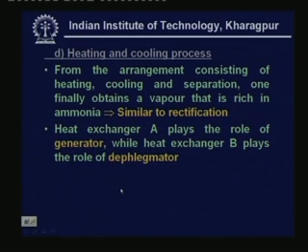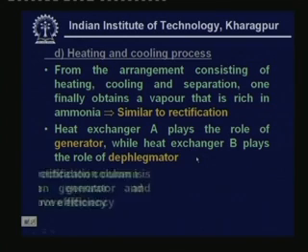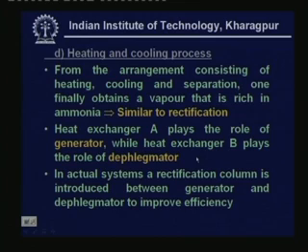So, as I said, from the arrangement consisting of heating, cooling and separation, one finally obtains vapor that is rich in ammonia. So, this process is similar to rectification. In this case heat exchanger A plays the role of the generator, while heat exchanger B plays the role of a component called the dephlegmator. However, in actual systems just a generator and dephlegmator are not sufficient.